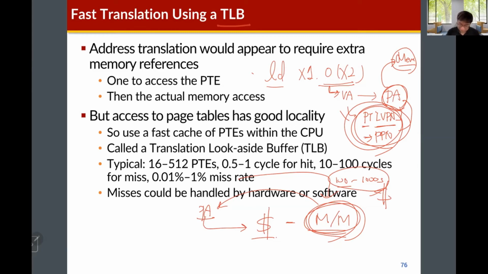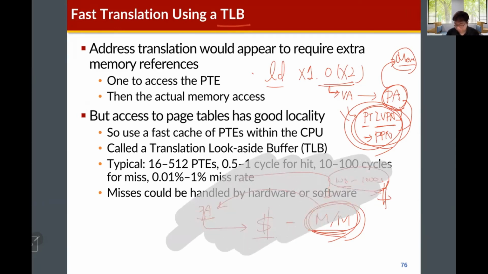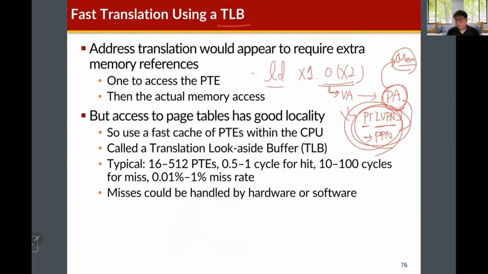So how can we solve this issue? Actually simple, right? In the first class of this memory hierarchy, why do we use cache? What is the purpose of cache? Think about the cache.